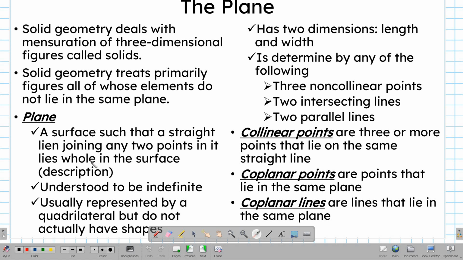So the plane is one of the three undefined terms in Euclidean geometry, the other two being the point and the line. So a point, we recall, is described, it's not defined, because the point, the line, and the plane are undefined terms.